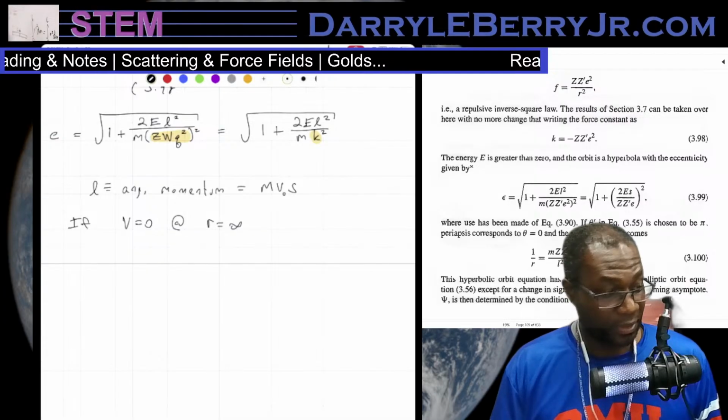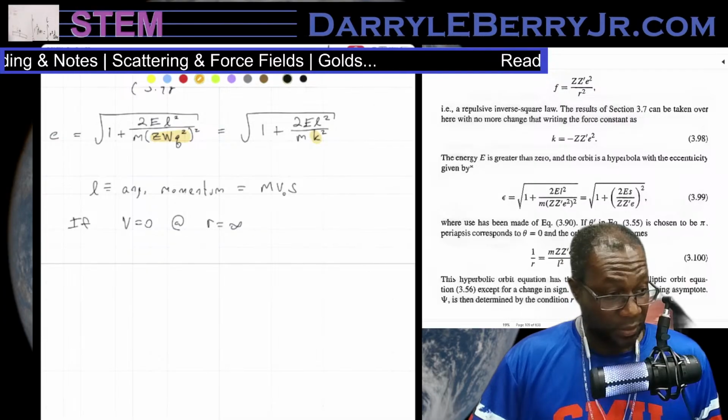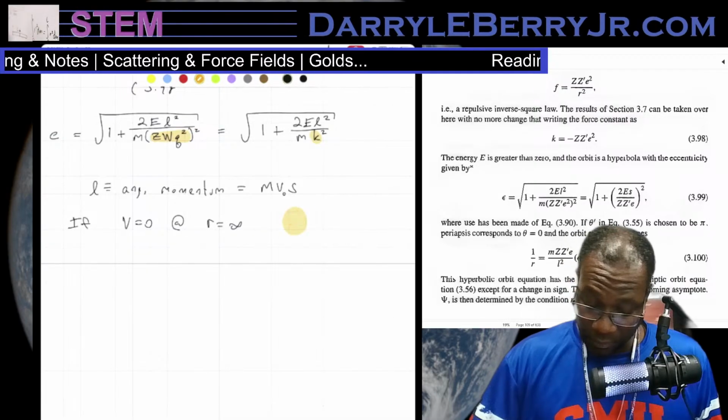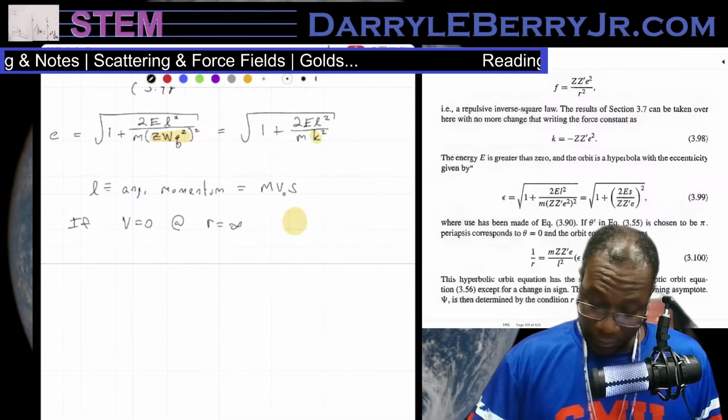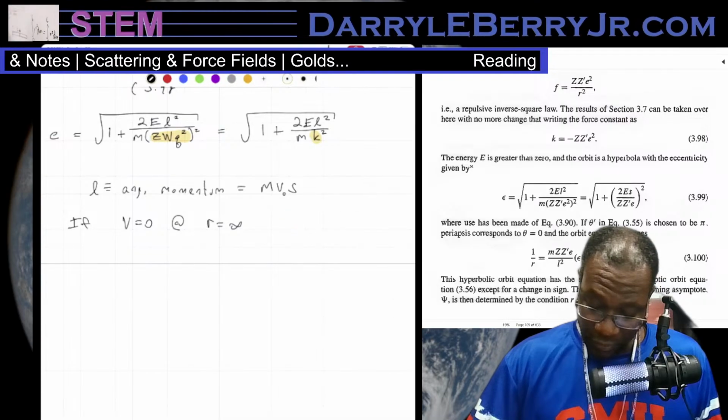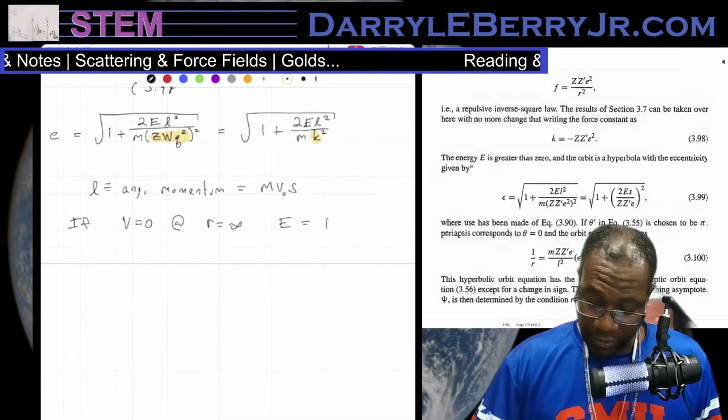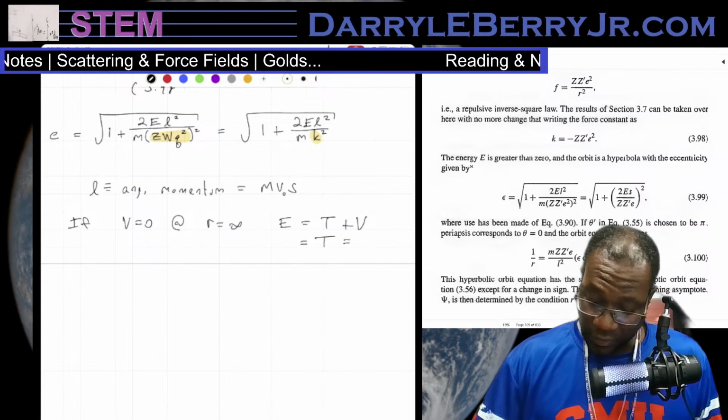So at infinity, V is 0. So E equals T plus V equals T equals 1/2 m v naught squared.